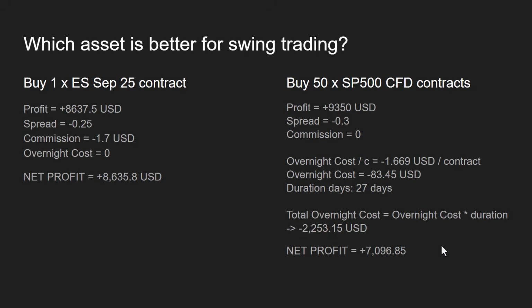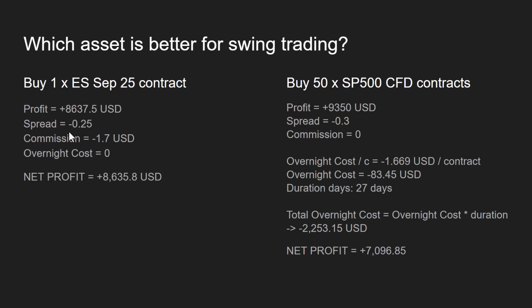And here I have a very simple calculation. If you're interested, you can pause the video and analyze exactly what's going on. With the trade that I've shown you that lasted 27 days, on the futures contract we made a P&L of plus 8,637 USD.